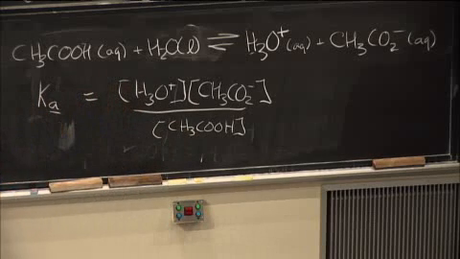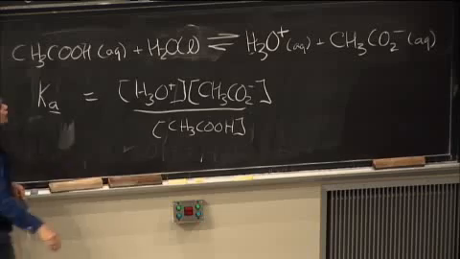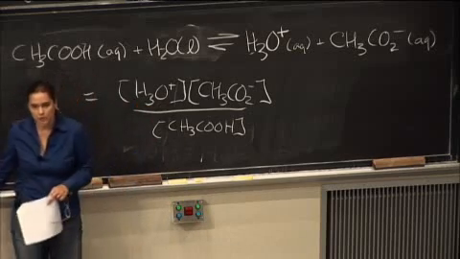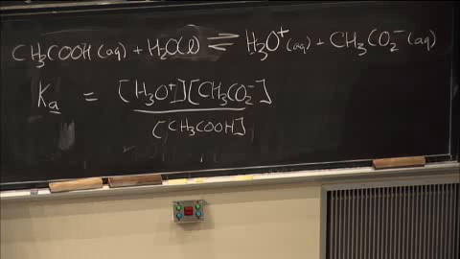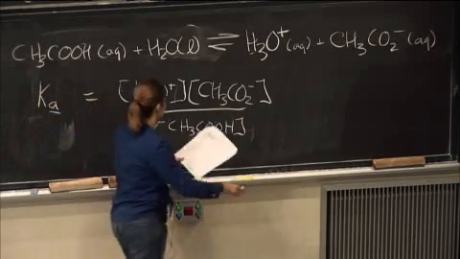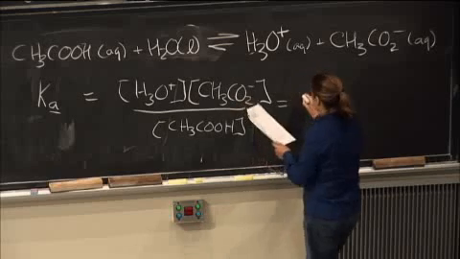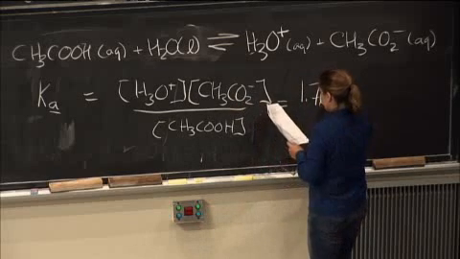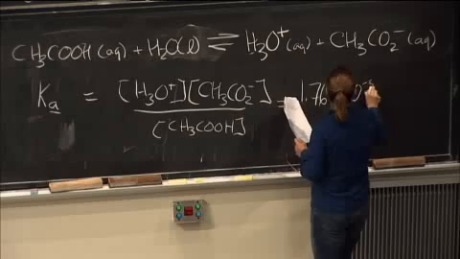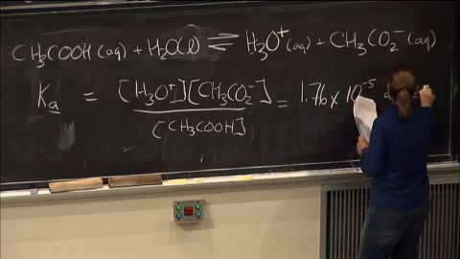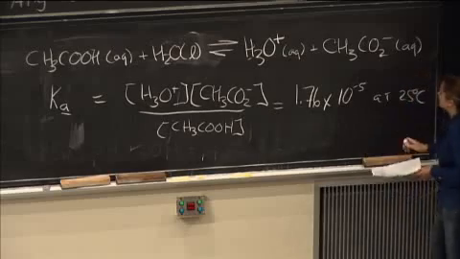There is no water in that equation because here the water is pretty much pure. It's the solvent, so its concentration is not going to change very much, so it is left off. I can tell you that the ionization constant here is 1.76 times 10 to the minus 5. Again, that's temperature dependent, so that's at 25 degrees.